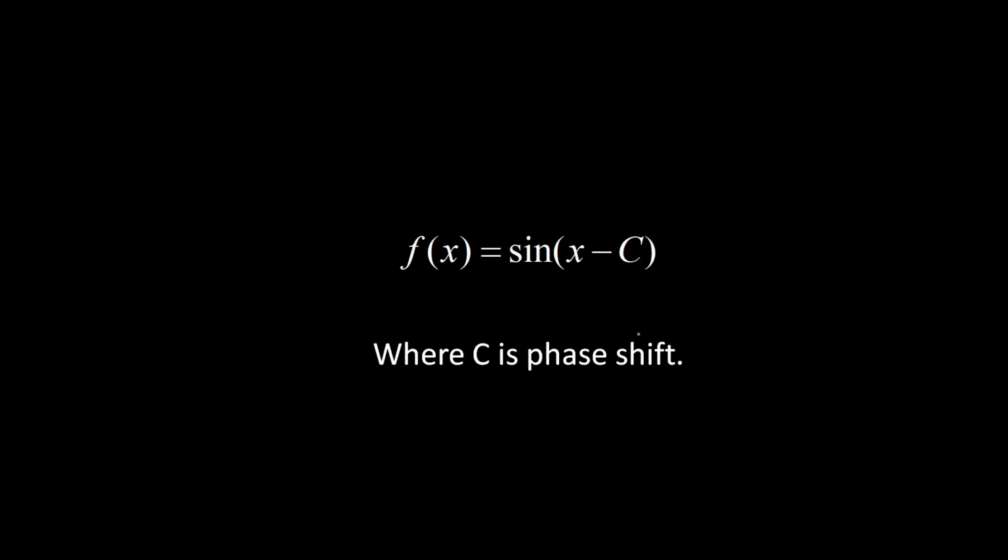Now, in this case, notice B is 1 and A is 1. Now, A doesn't affect the phase shift. However, B does. Now, if B is 1, then the phase shift is C. In other words, if B is 1, then how the function moves left or right will be the number C.